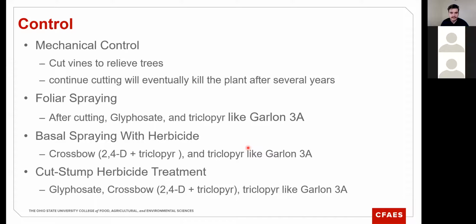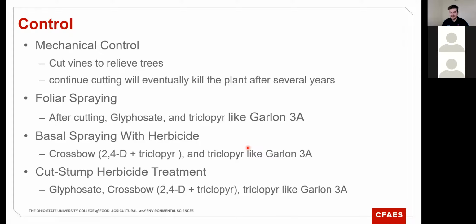Like I mentioned, if you can find it young and small, it's a lot easier to control mechanically. When it gets larger, it gets even harder to do that, and herbicide treatment is going to look better and better for that sort of thing.